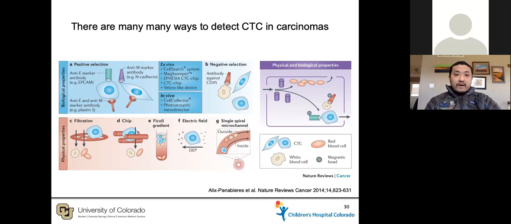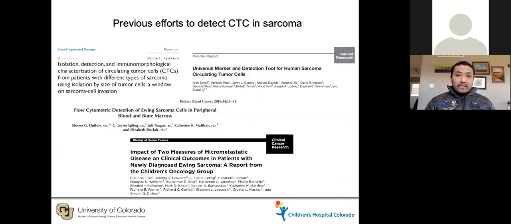DEP arrays have been used. There's the single spiral microchannel, mostly used by a Boston group, that uses a vortex to find size-based cells. So there are different platforms that have been used over the past decade, but the translation to sarcomas has been quite challenging.